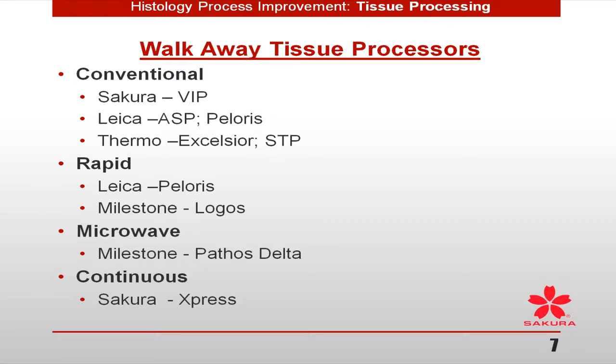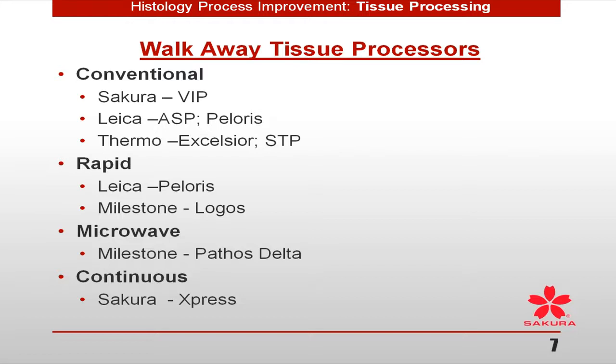And there are issues with all of these instruments when you combine them with what's best to work for your patient-centric process and all of the other issues that you have in your laboratory. I will not say that one is better than the other, or that one is going to solve all your problems, all of your issues. But I can always tell you that when you're looking at any of your processes, your tissue processor, your stainers, whatever you want to do, there is one true theorem that comes out.